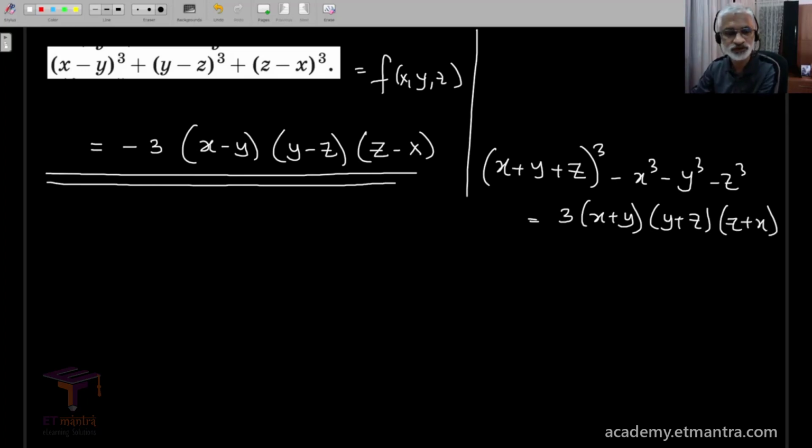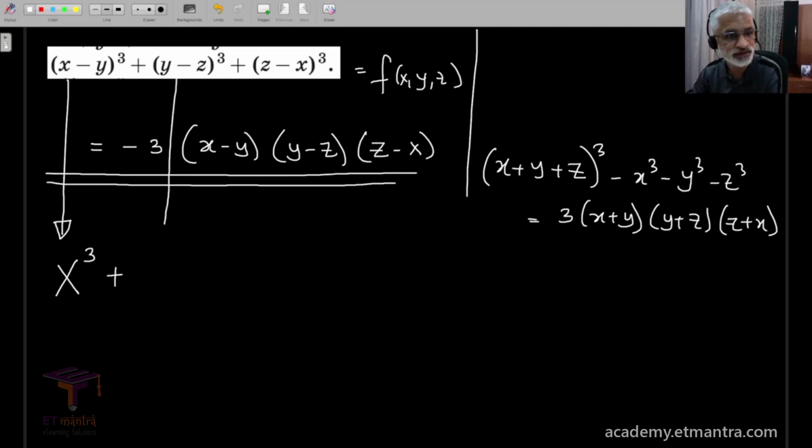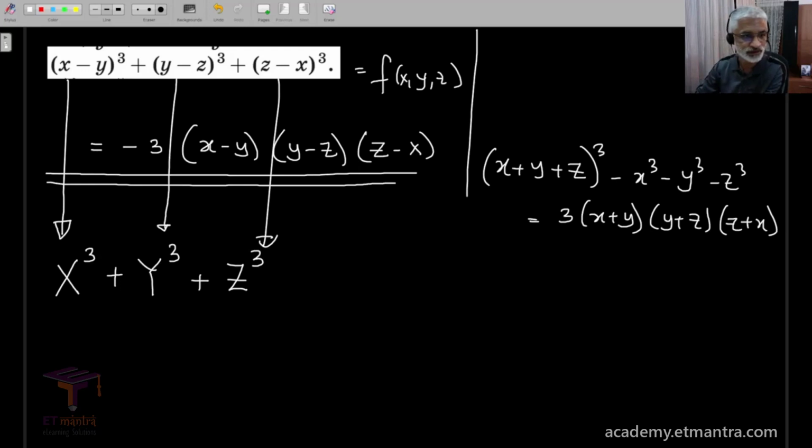So what we shall do here is instead of x minus y, we'll replace it by another variable capital X, and instead of this, we'll replace it by another variable capital Y, and instead of this, we shall replace it by another variable capital Z. So we're looking for the factors of x cube plus y cube plus z cube.